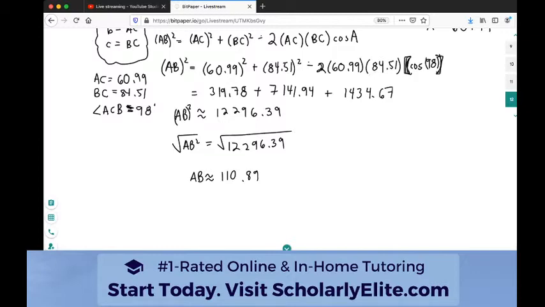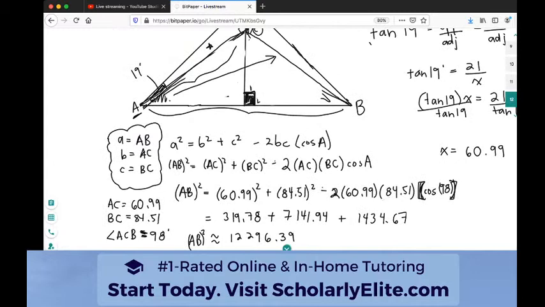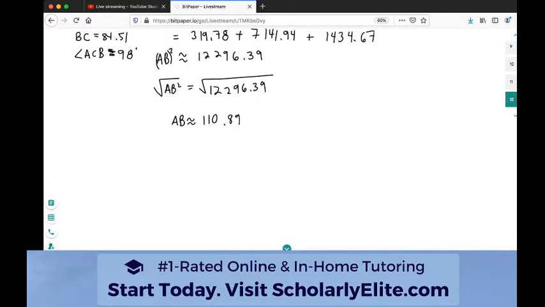So we're still not done though, because what we're really asking for is the height. And if we look back here, what we're really asking for is this height. So if we remember that the area of a triangle is given as, next step, area of triangle is equal to base times height divided by 2.